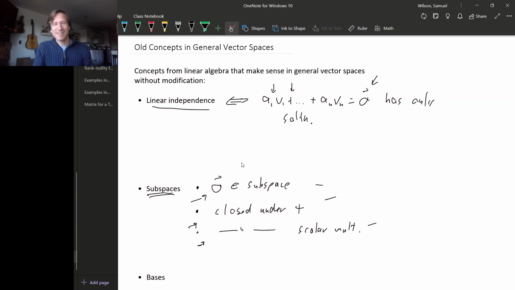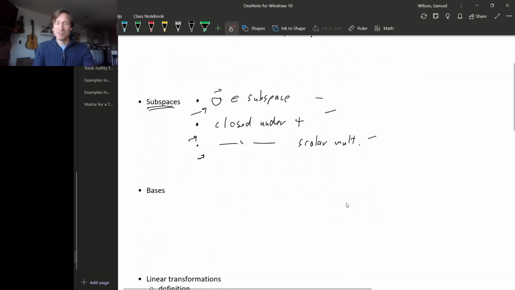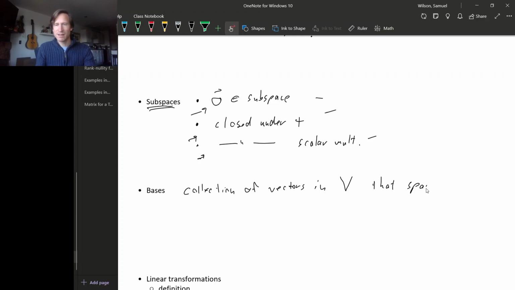You can see all of these definitions are going to carry over to general vector spaces in exactly the same way. Another example, bases. A basis is a collection of vectors in your vector space that span the vector space and are linearly independent.